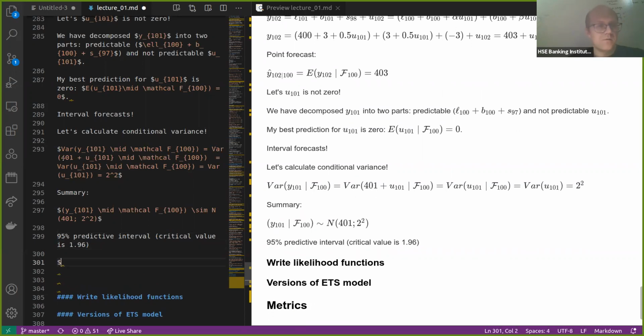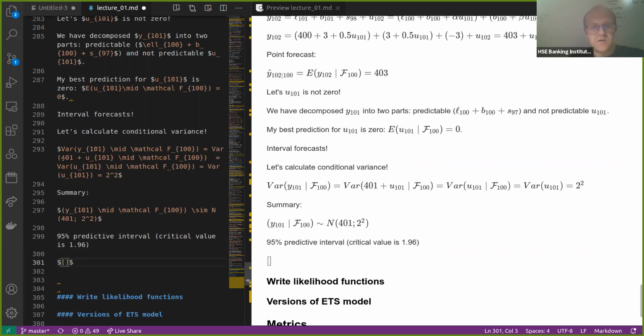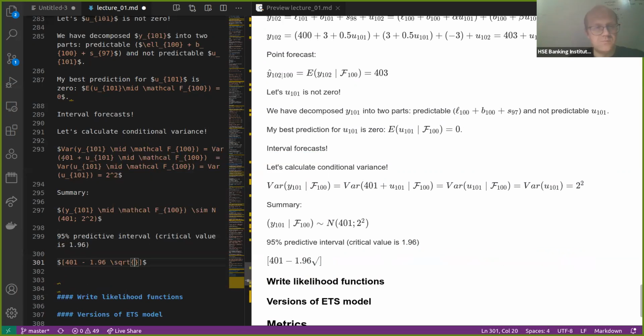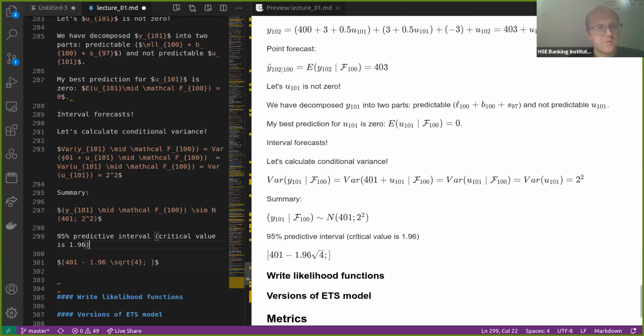And then the predictive interval is very easy. I just take 401 minus 1.96 times the square root of the variance, which is 4.